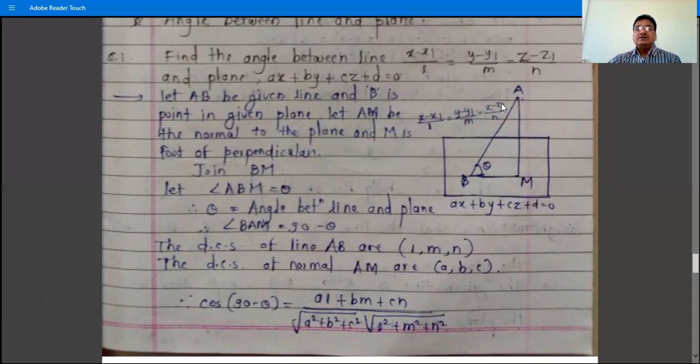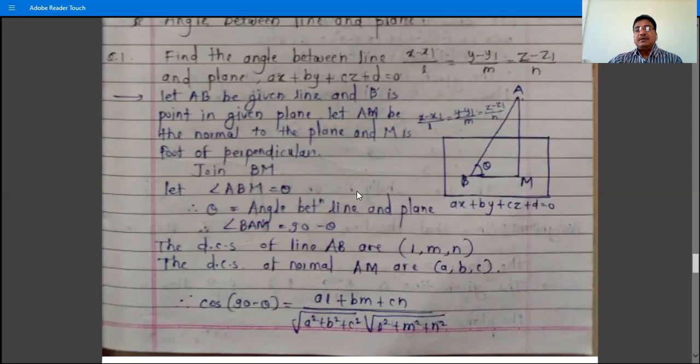Okay. So suppose this line AB represents the line given in the problem, and B is the point of intersection of the plane and line. Let AM be the normal to the plane. That is, from A, draw a perpendicular to the plane, and AM is the perpendicular.